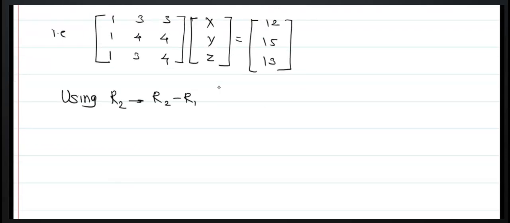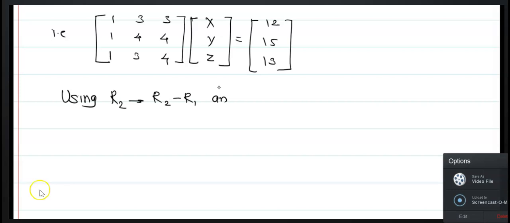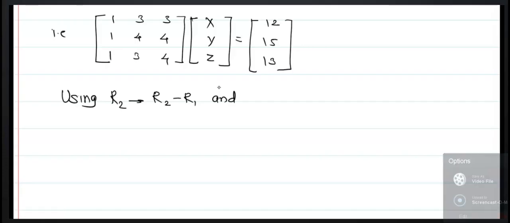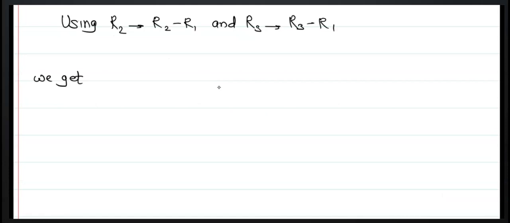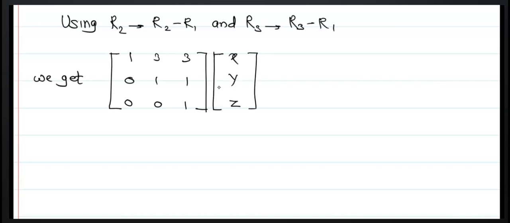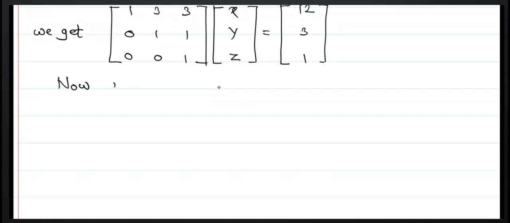Now using R2 minus R1 and R3 minus R1, you will get 133 and x, y, z, and 12, 3, 1.